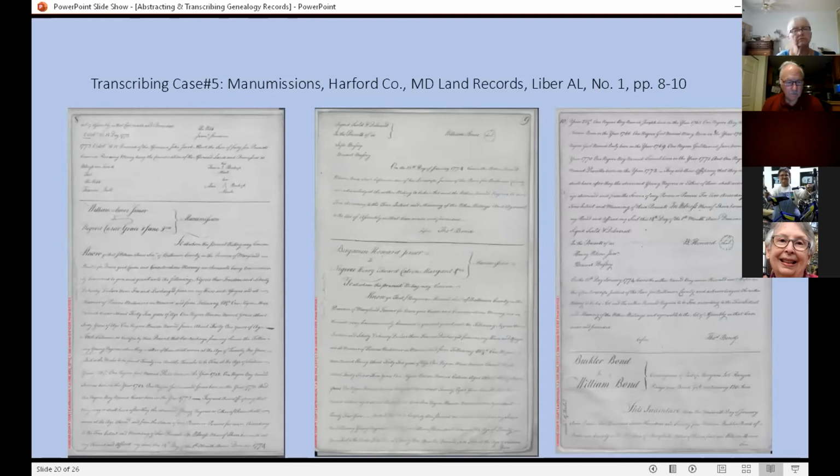And usually what we do with those is we transcribe these records, and we actually have some of these items, we actually have originals at the Historical Society in Harford County. And these are the court copies that were placed inside the land record books.